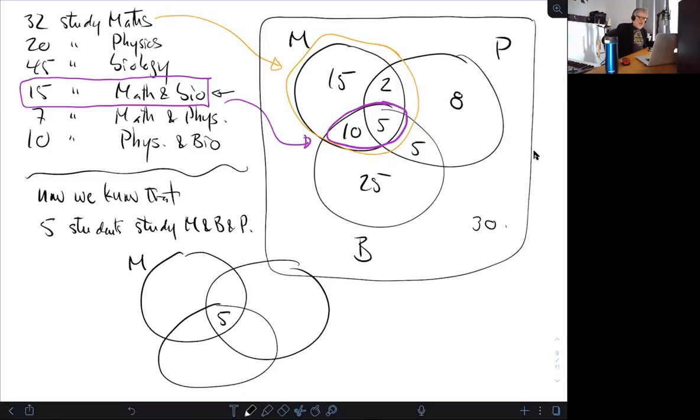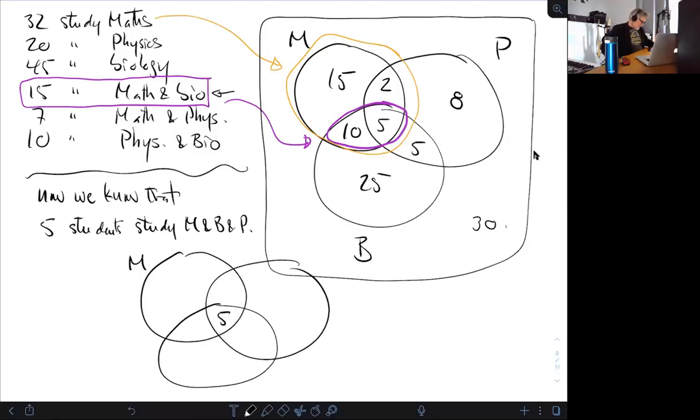If you interpret it as meaning 15 students take exactly math and bio, but not physics, then it's wrong, right? So it has to be clear that the 15 here means that there are 15 students that study math and bio, but some of them could be taking physics and some of them not, right? So that's the thing.